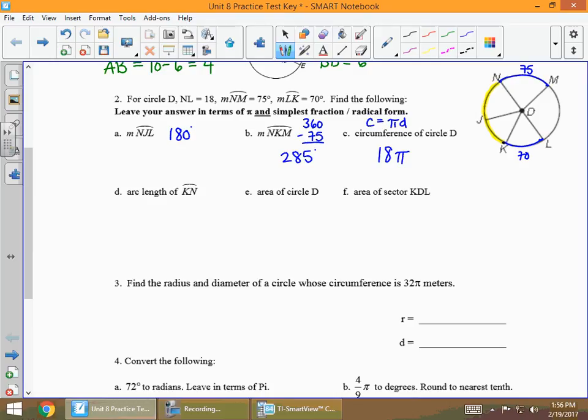So since arc KL is 70, then angle KDL is also 70, because it's a central angle. And since arc NM is 75, then angle NDM is 75.